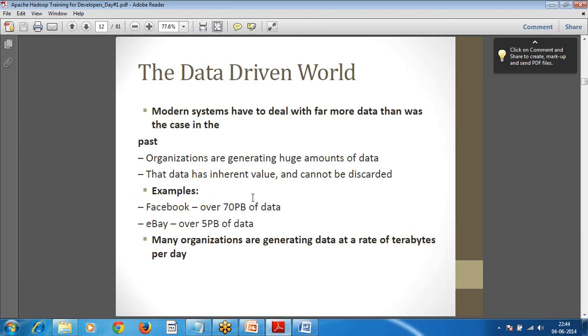In fact, this figure you're seeing is a couple of months old, so now there would be even more than this. You see that nowadays all organizations and institutions are generating data at the rate of terabytes per day. So the existing distributed systems are not competent to handle or process terabytes or even more than terabytes of data.